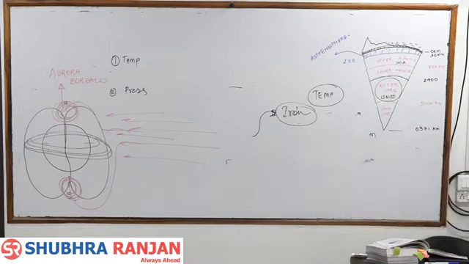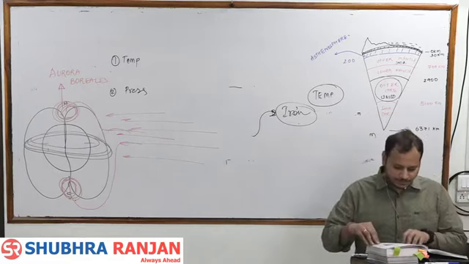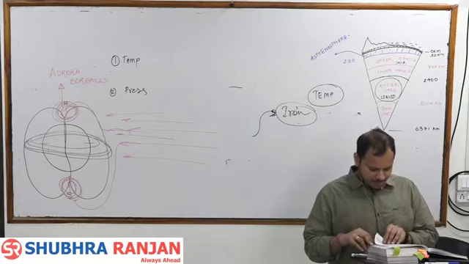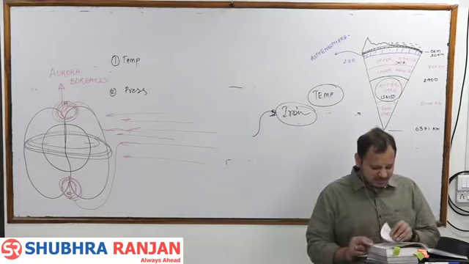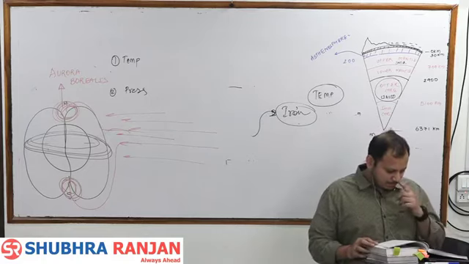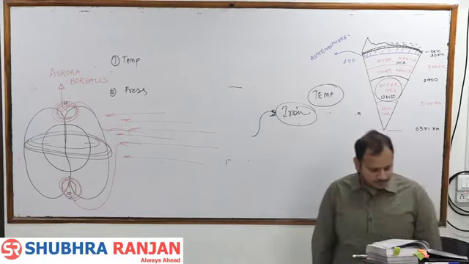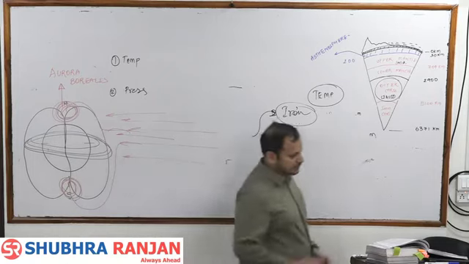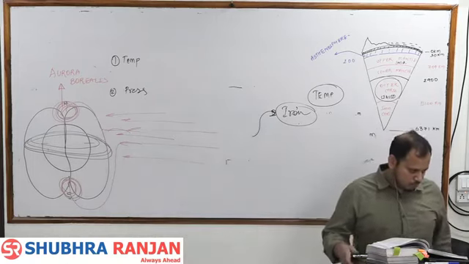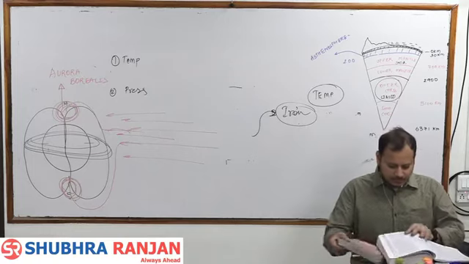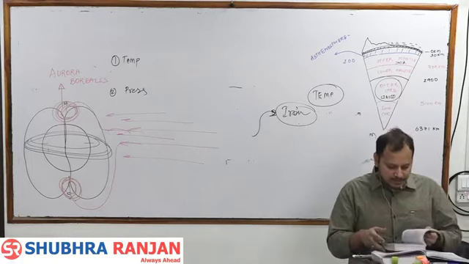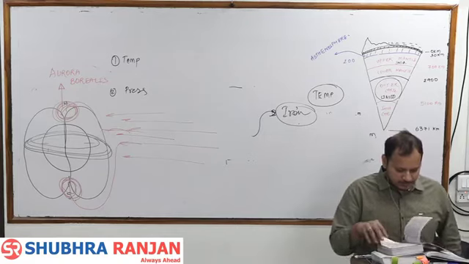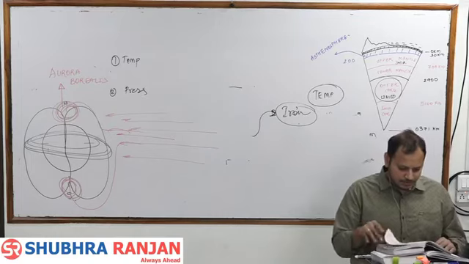There is a general rule that the temperature will keep on increasing as we go inside the Earth at the rate of 1 degree Celsius for every 32 meters.